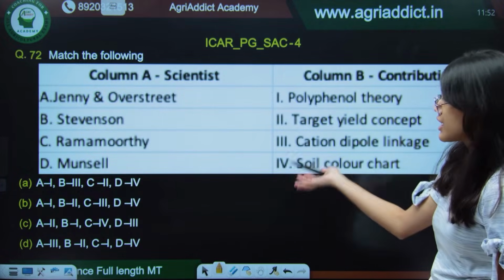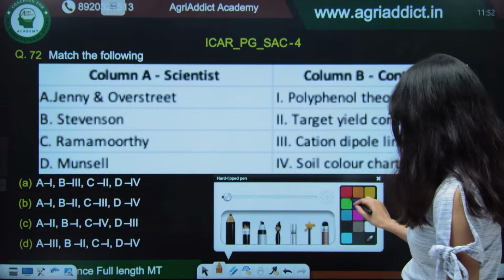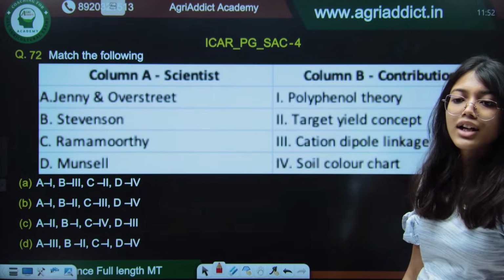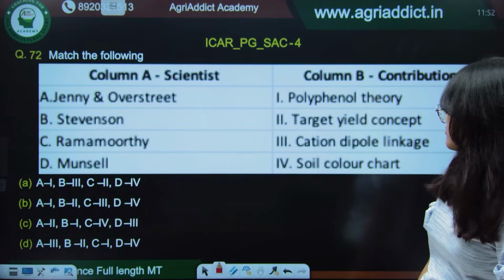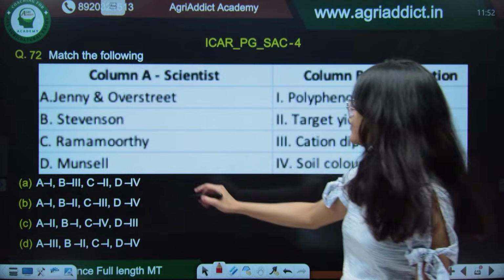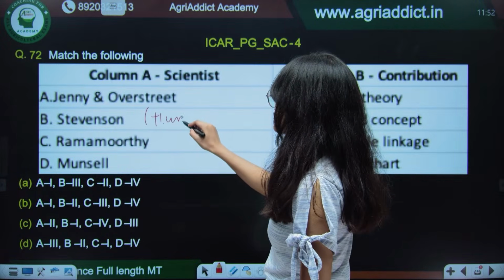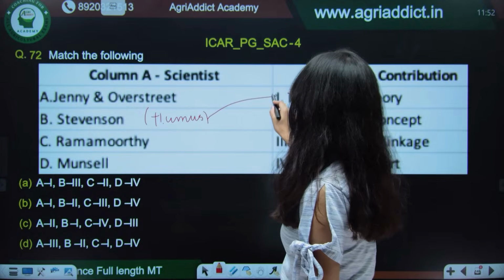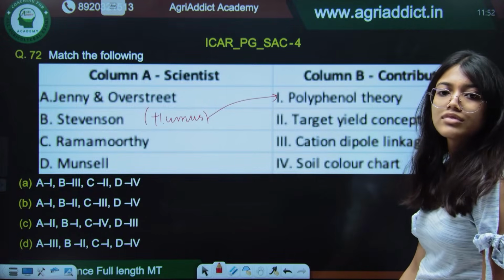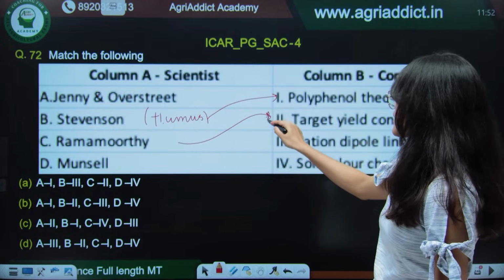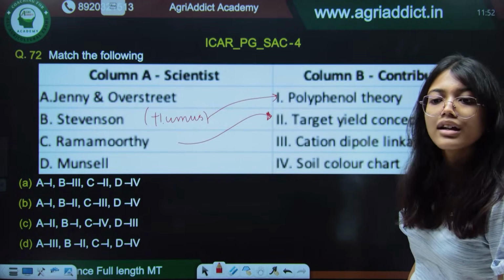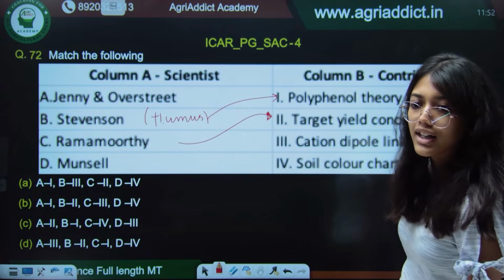Next, very easy. Match the scientists with whatever they did. So, Jenny and Overstreet, what did they do? Stevenson. So, whenever we see the word Stevenson, we associate it with humus. So Stevenson's polyphenol theory. Okay. Ramamurthy was a scientist who gave the targeted yield concept. Okay, option number C. Okay, let's see.